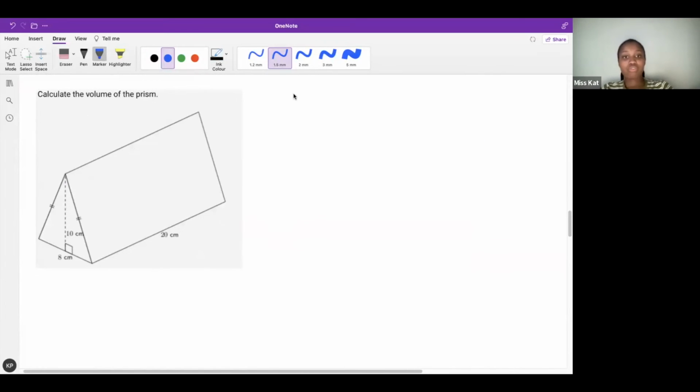Maybe we should start off every single volume with the general formula. So say volume is area of the base times the big height.